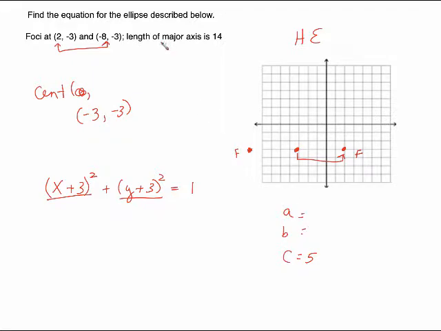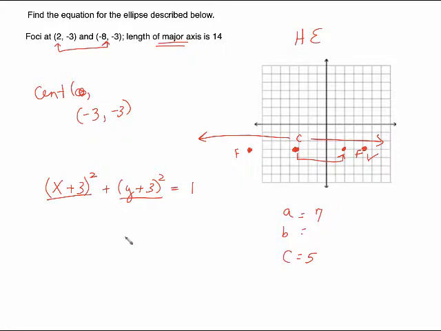And it says the length of the major axis is 14. Because the major axis total is 14, that means from the center out to the vertex is half of that, which is 7. So my vertex will be here. So the distance from the center out to the vertex is going to be 7, and that is a horizontal distance. Therefore, a is 7.